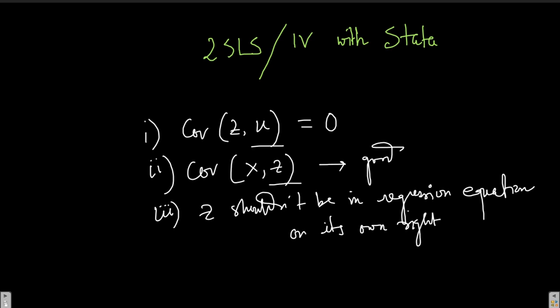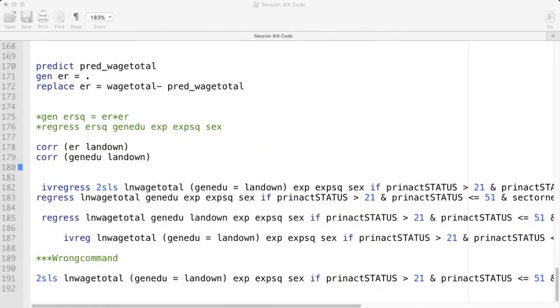Let's first open our do file. So basically I will again run the wage regression equation. I'm going to have my log of wage total as the outcome variable, and then I have my explanatory variables: general education, experience, experience square, sex. And like Kruger and Angrist in their work, and later on also, we found education is not really an exogenous variable, but rather an endogenous variable, right?